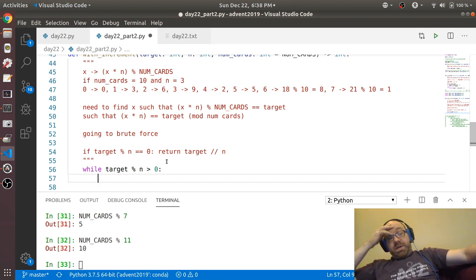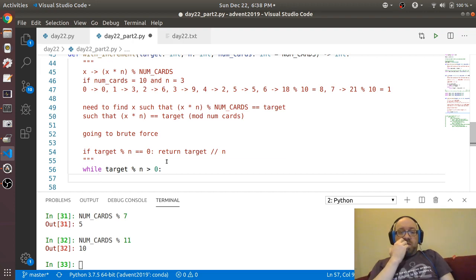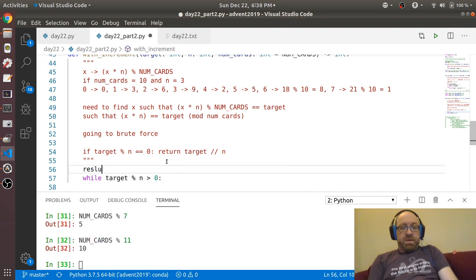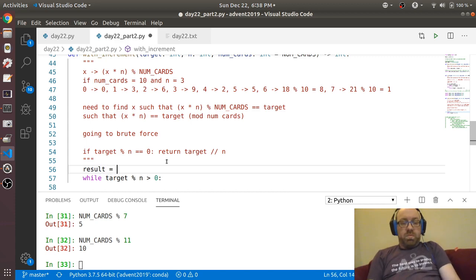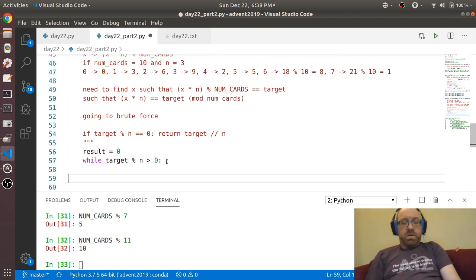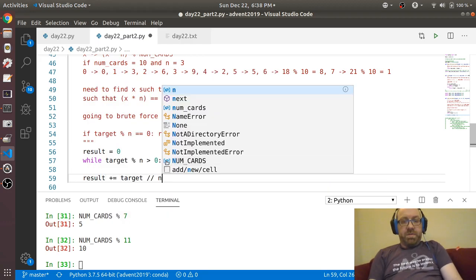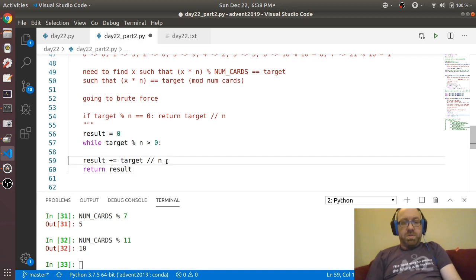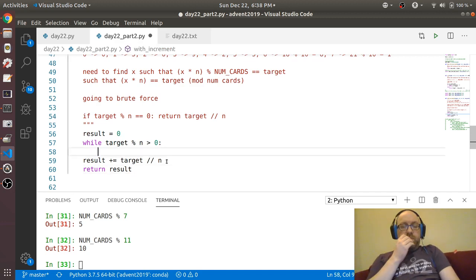So I want to say, I can take off 3 and get to, and let's say result equals 0, well, target, and then let's say result plus equals target divided by n, return result. And so we'll do this, then we'll optimize it.